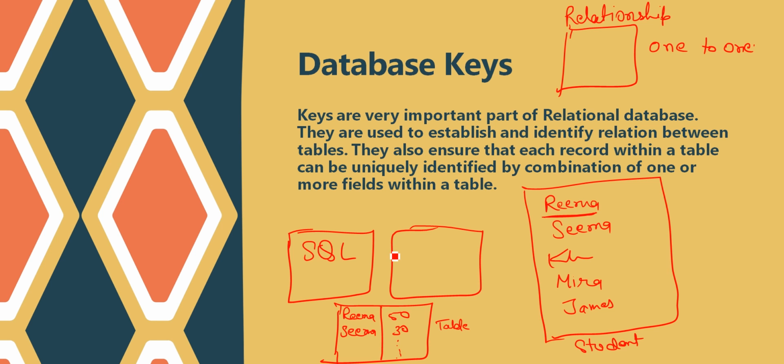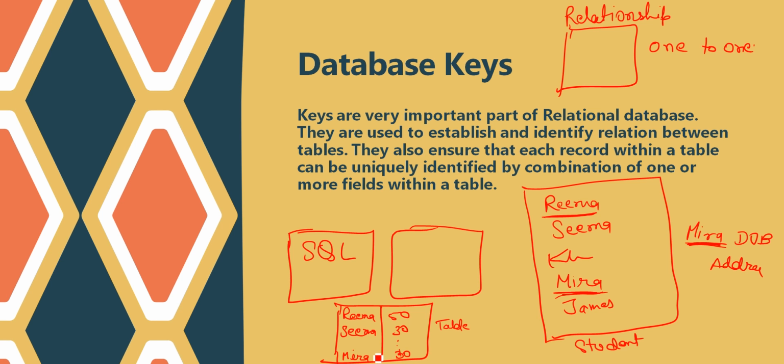Okay, now the problem is that, let's say in my class one more student comes and her name is also Meera. Maybe this Meera will be different from this one, like her DOB will be different, her address will be different, but the name is the same, right? You can see that, Meera and Meera. Now let's say I store Meera here and I'll say she got 30 marks.